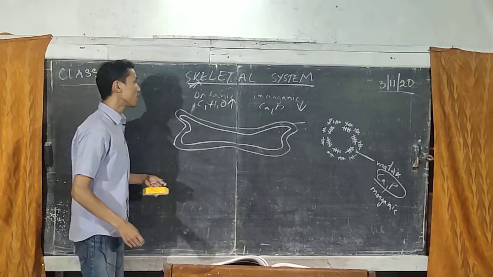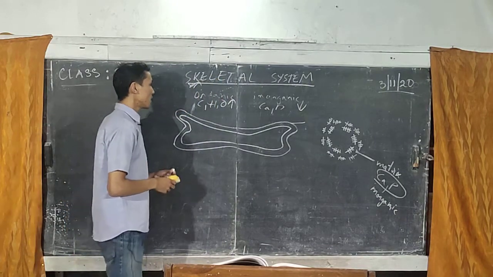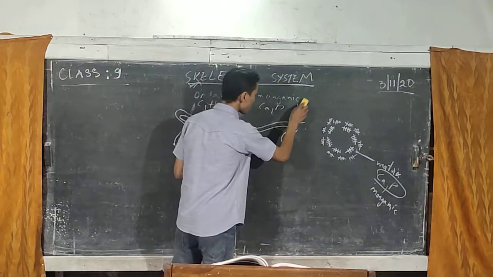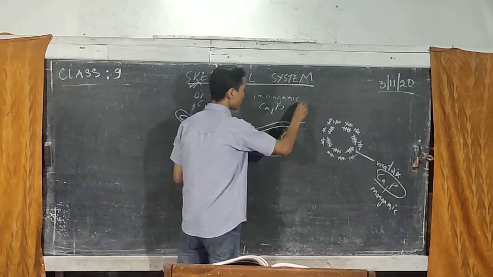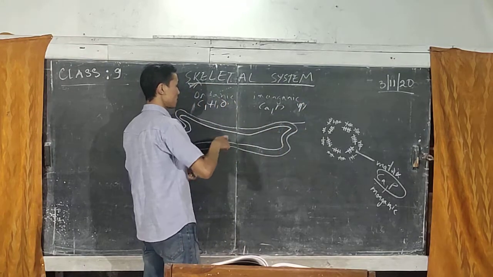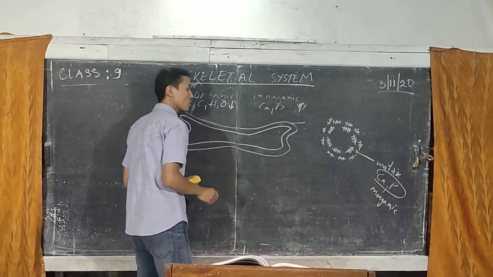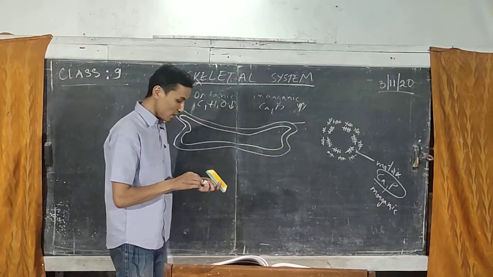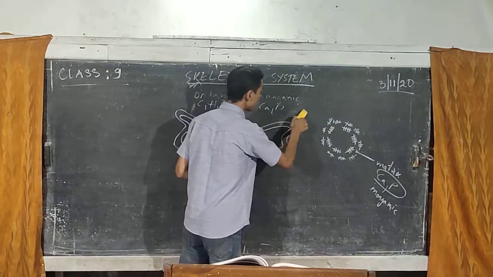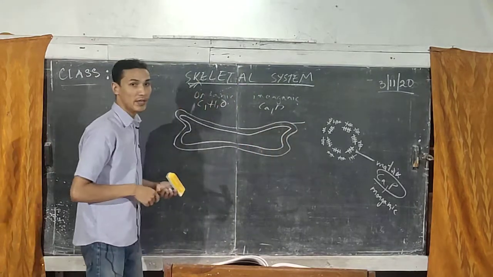Such a bone becomes soft. Now if you heat a bone, the inorganic part remains and the organic part does not remain. Such bones become very brittle, that means easily broken. So this is what your bone consists of, organic and inorganic parts.